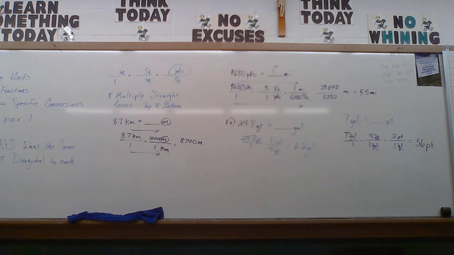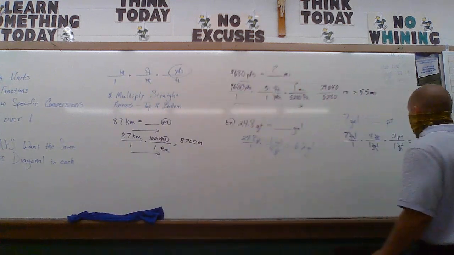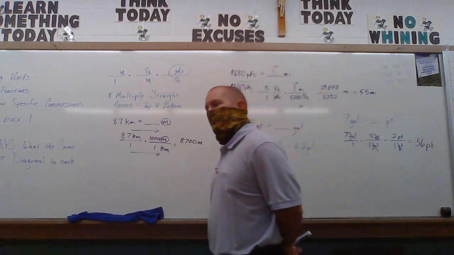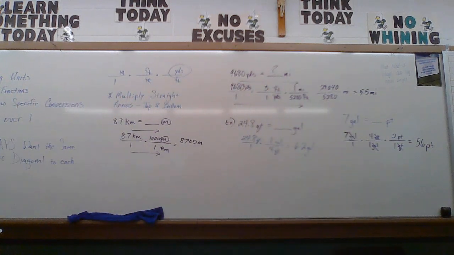Everybody good with 56? I want that, it doesn't make sense. It doesn't make sense? No, I get it. I'm just thinking about something else. Like what? Because I'm trying to think, so I work at the parlor, and we would not be able to get 56 pints out of seven, I thought it was 1 gallon of ice cream.